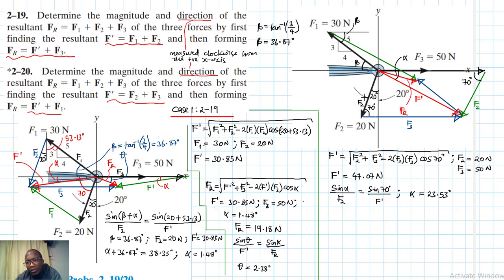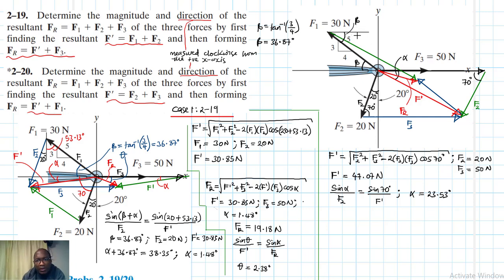Then we need to find this angle, where the resultant is. We found alpha. This alpha with this particular f prime is also equal to this one here.